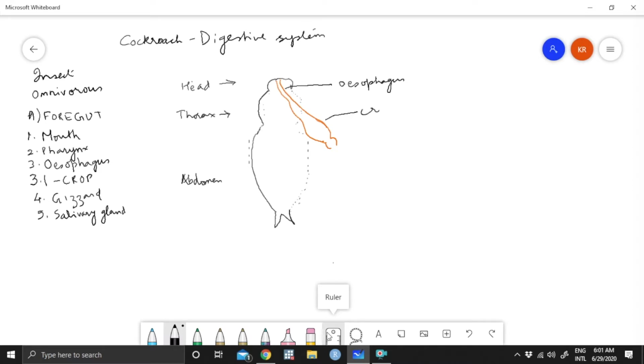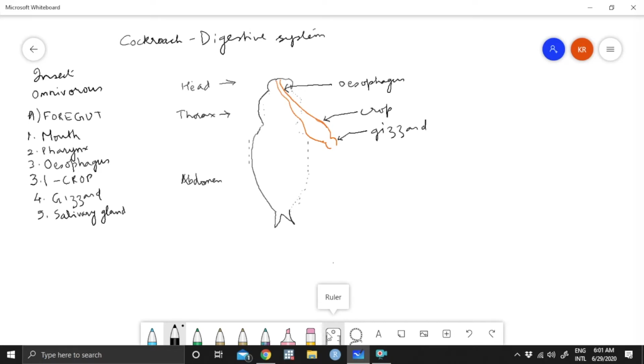This is crop, and this is gizzard. So here, if I want to use an arrow, I put the arrow towards the organ because I want to point out the organ. I do not want to point out the label. So often a mistake is made of putting an arrow on this side. That should not be the case. So put the arrow correctly, or you don't put any arrow at all.